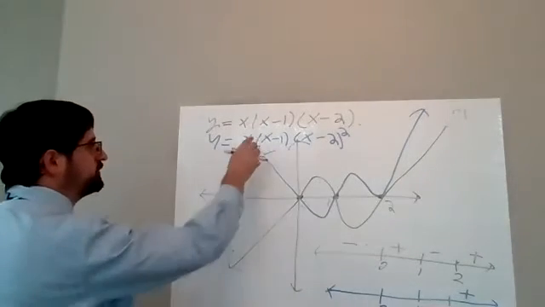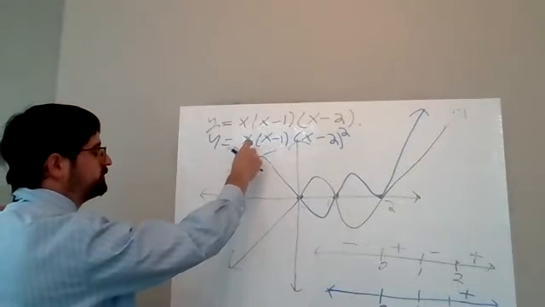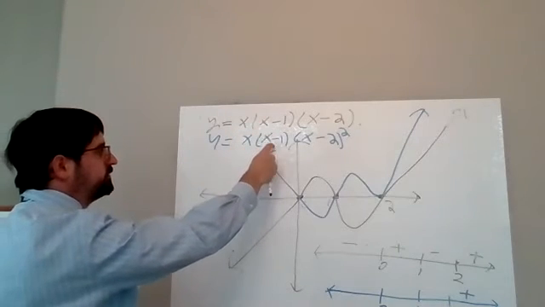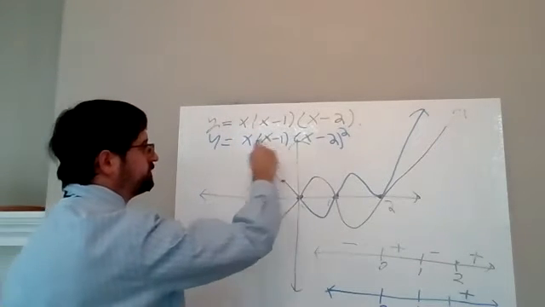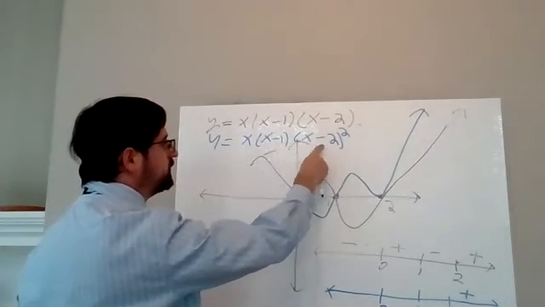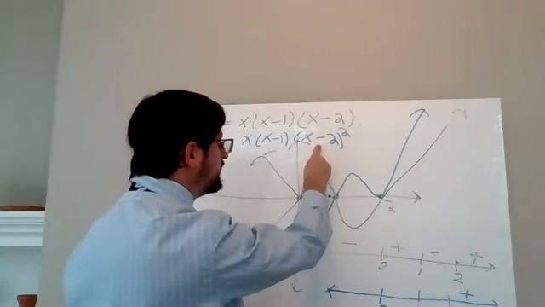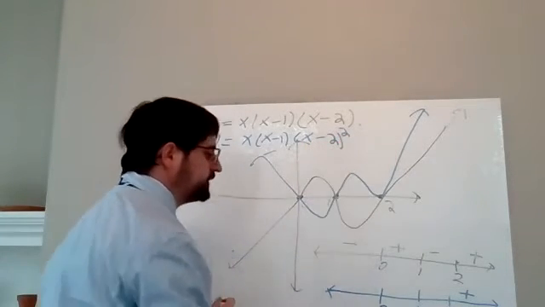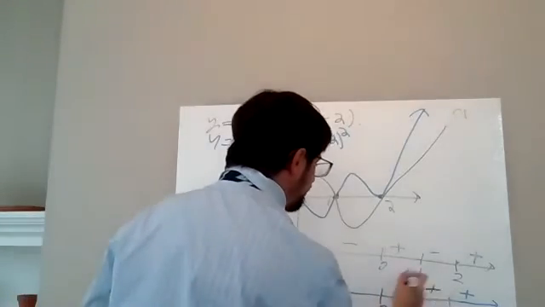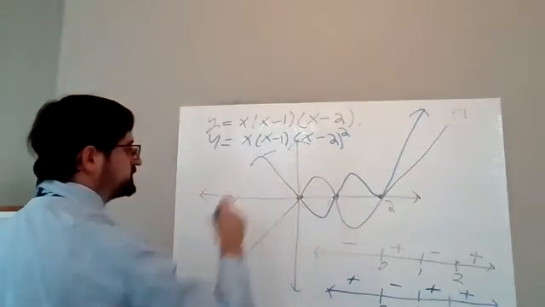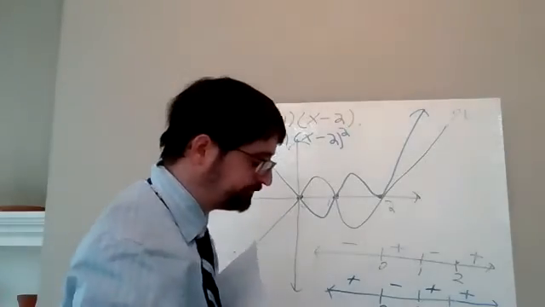Let's see what happens when I plug in 1.5. 1.5 times 0.5, positive. Now this quantity x minus 2, when x is 1.5, is negative, but we're squaring it. So we end up with a positive number here. We got a negative and then positive, and that corresponds exactly to what we see on the blue curve.